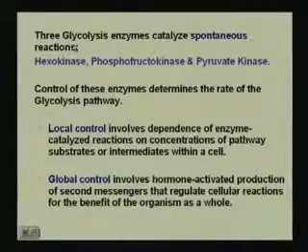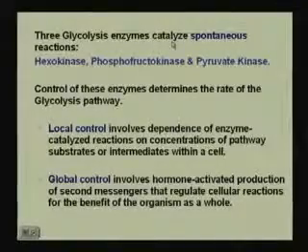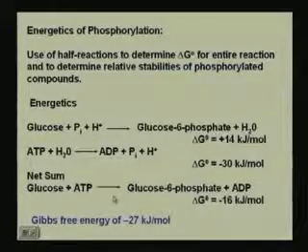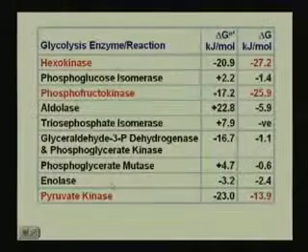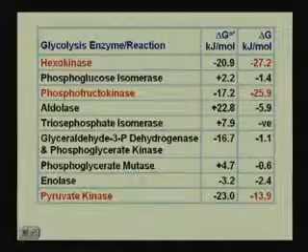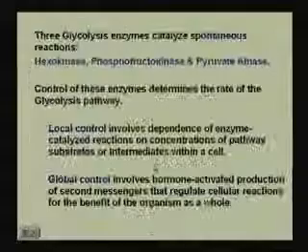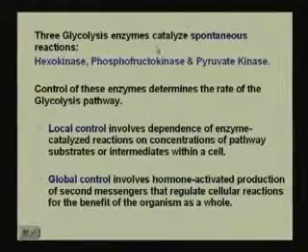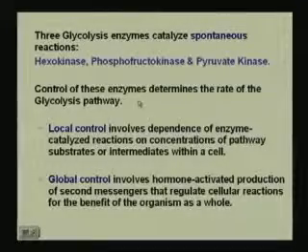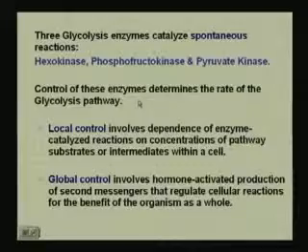Now, the spontaneous reactions that we did see, in this particular case the enzyme is hexokinase, and the other ones that I showed you were phosphofructokinase and pyruvate kinase. These are the three enzymes that catalyze spontaneous reactions, and the control of these enzymes determines the rate of glycolysis.